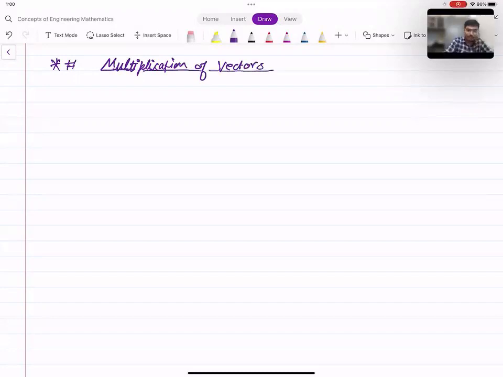So very firstly, the product of two vectors gives the result in two different ways.